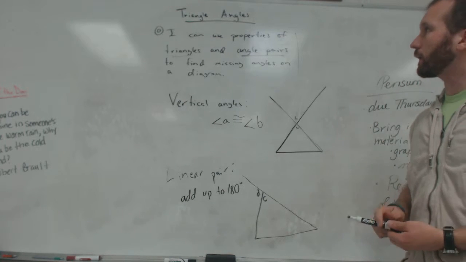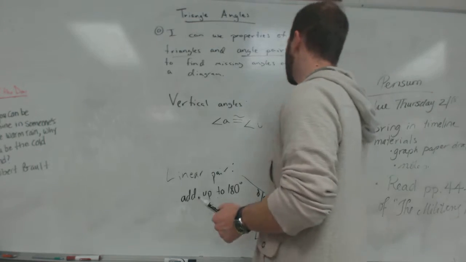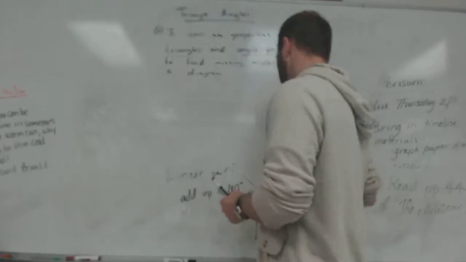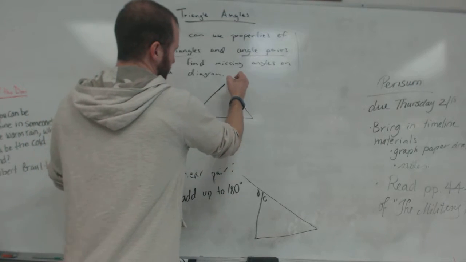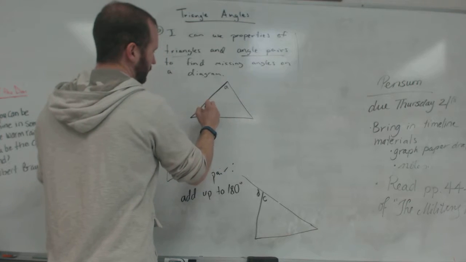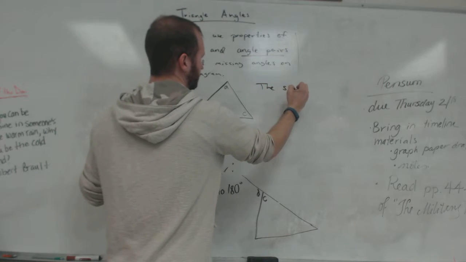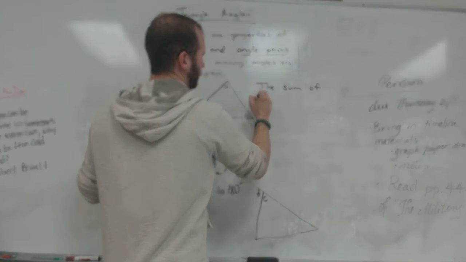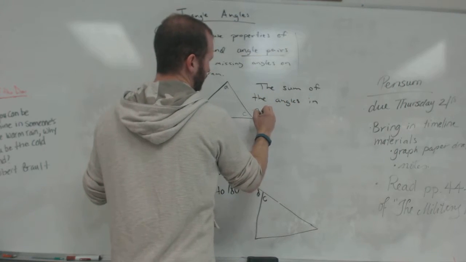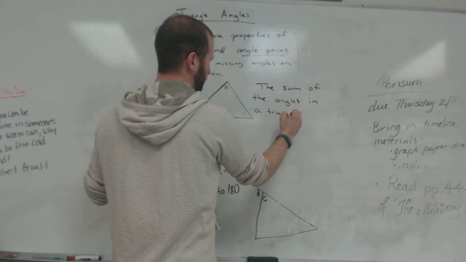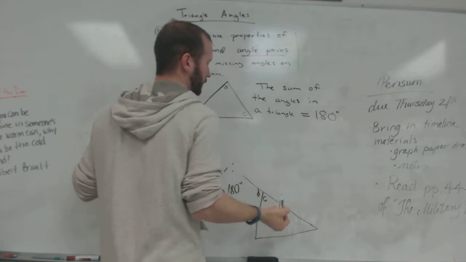Alrighty. The properties of triangles that we're going to talk about, there's really just one today. If I have a triangle with angles A, B, and C, the sum of the angles in a triangle is always 180 degrees.